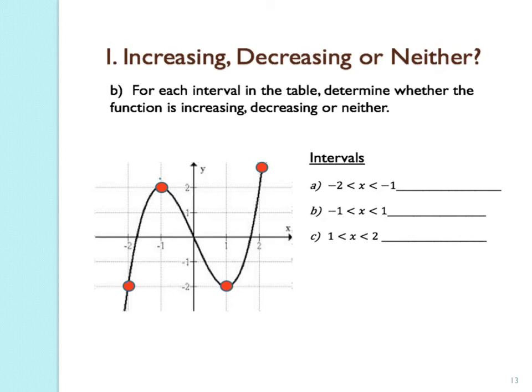So from -2 to -1, from this side to this side, it's increasing. From -1 to +1, it is decreasing. Then from 1 to 2, it is increasing again.